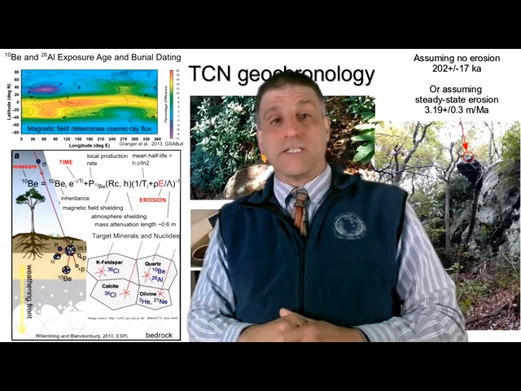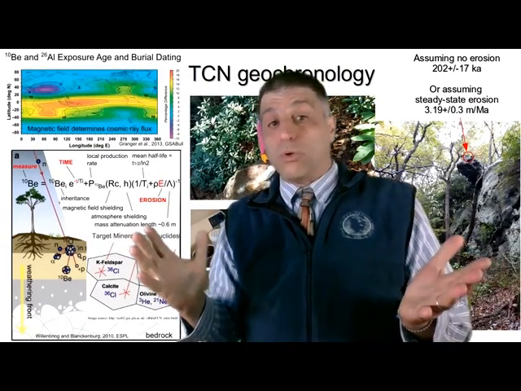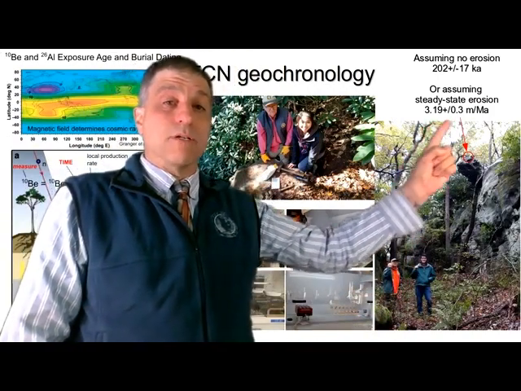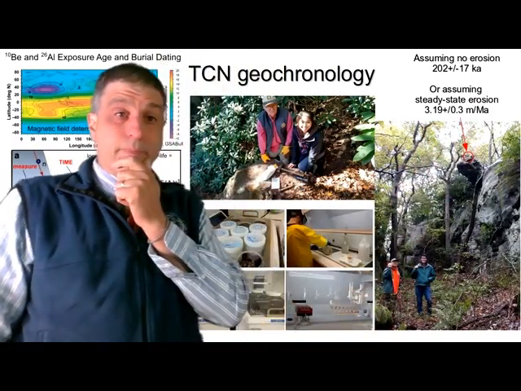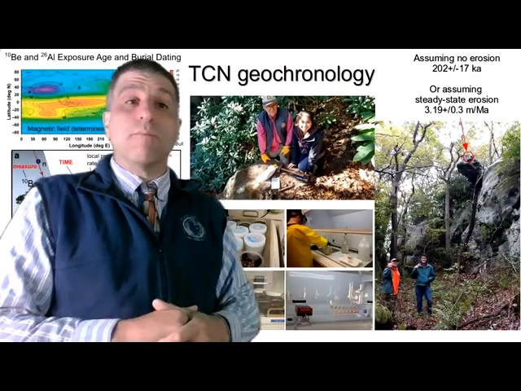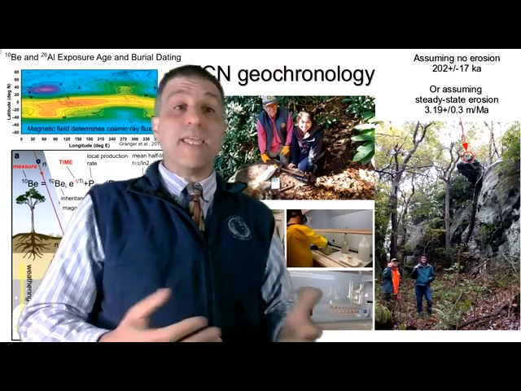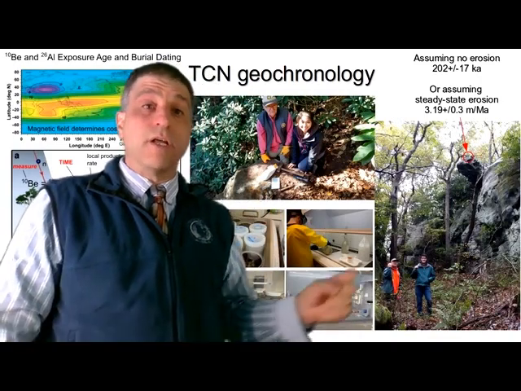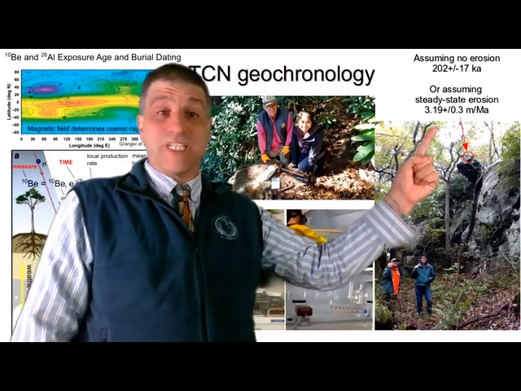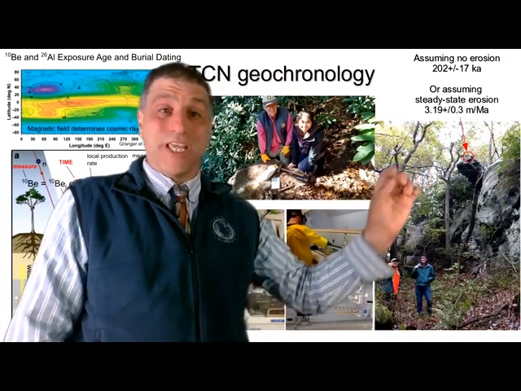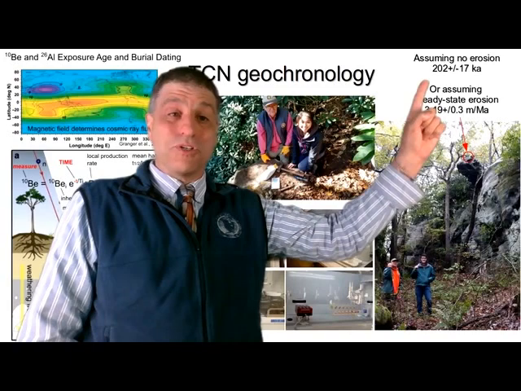And if I make that assumption, I don't know how old it is, but it would say that the steady state erosion rate is 3 meters per million years. Okay, so this gives you some way of taking one equation with two unknowns, making some assumptions, and solving it for a long-term steady state erosion rate or a zero erosion case in which you get an exposure age.